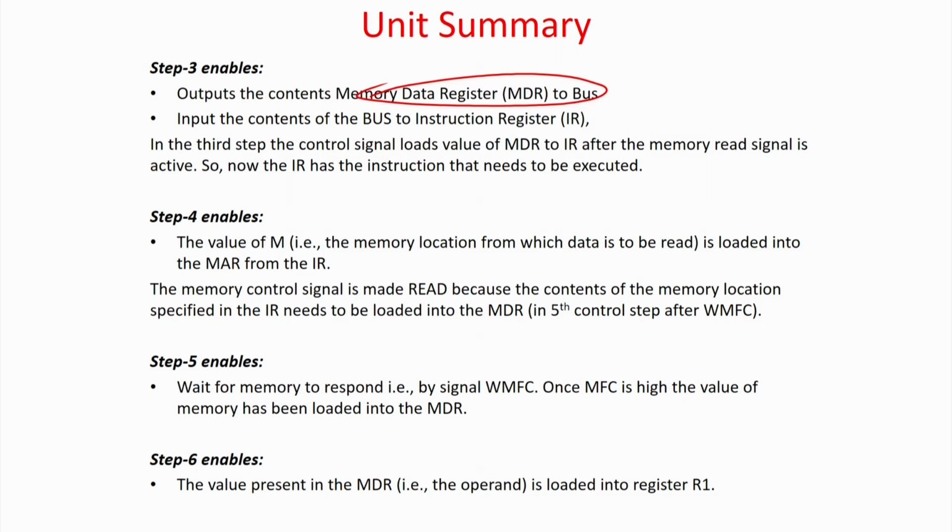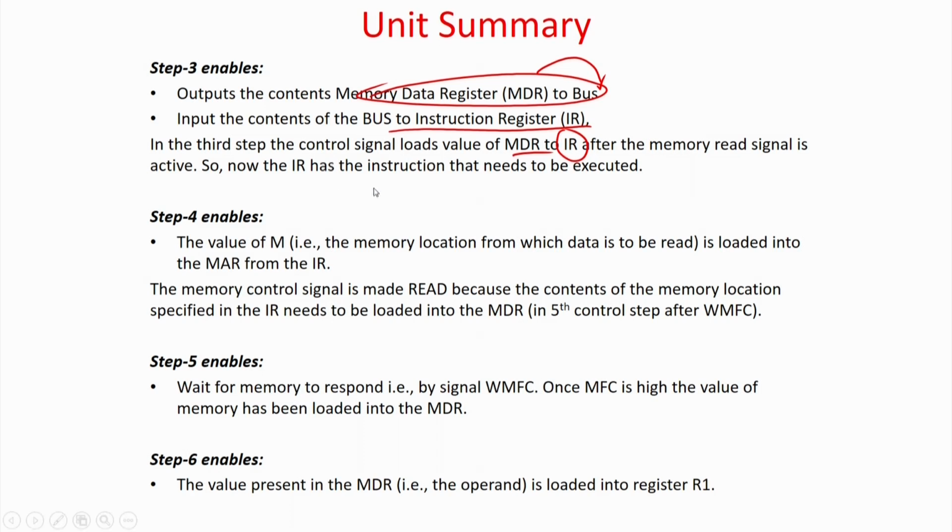So, the memory data register value will be dumped to the bus. What was in the memory data register? It was the content of the memory location that was being pointed to by the program counter. Basically, it was containing the instruction. So, the bus value will now go to the instruction register. So, in this third stage, the instruction is now loaded into the instruction register from the memory data register.